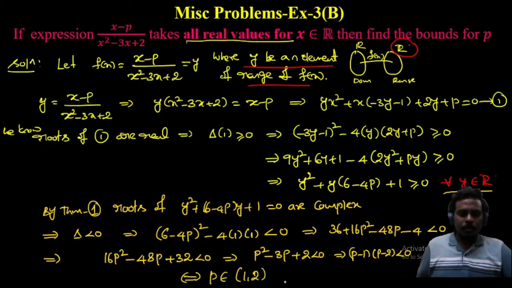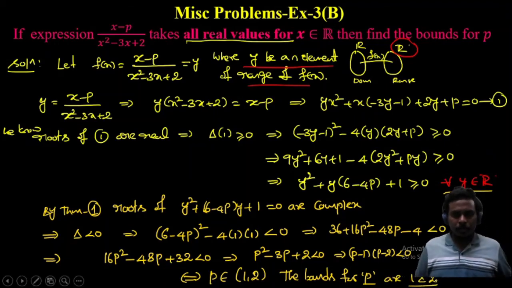Okay, so the bounds for p are 1 and 2 actually. So here is the solution.